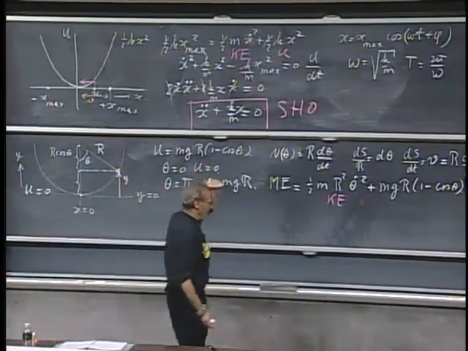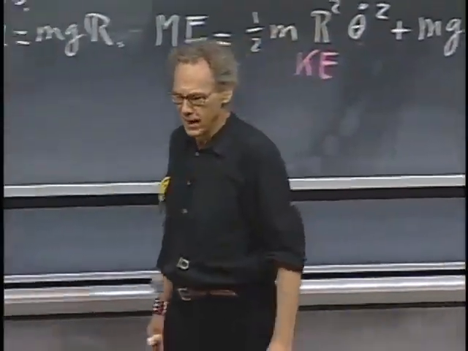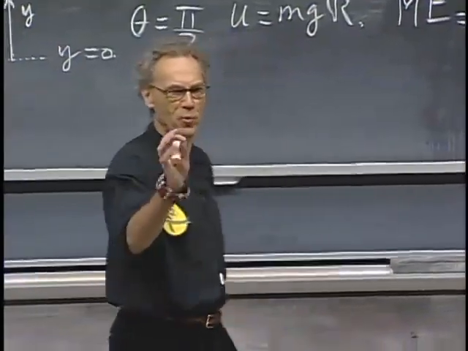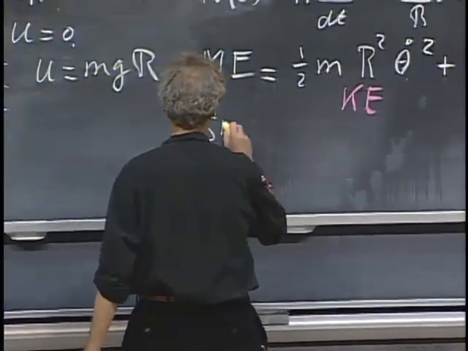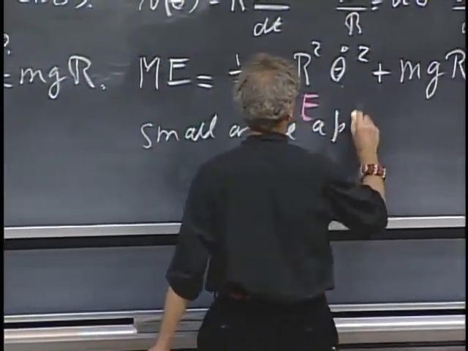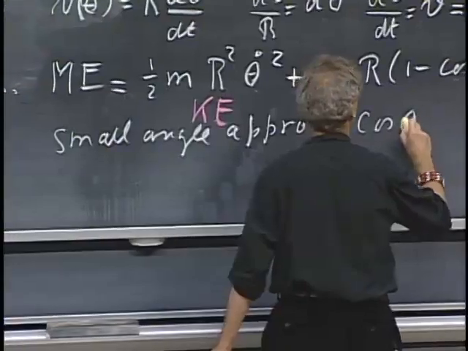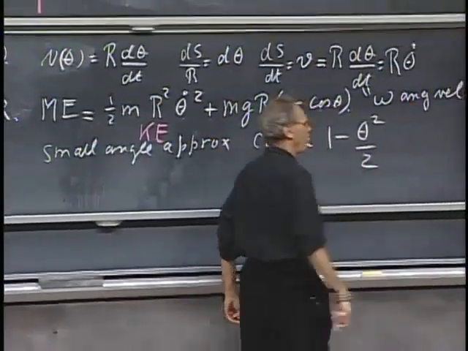This cosine theta is really a pain in the neck. And therefore, what we're going to do is something we have seen before. We're going to make a small angle approximation. And we're going to write for cosine theta, 1 minus theta squared divided by 2.